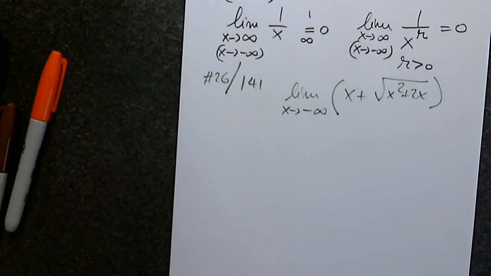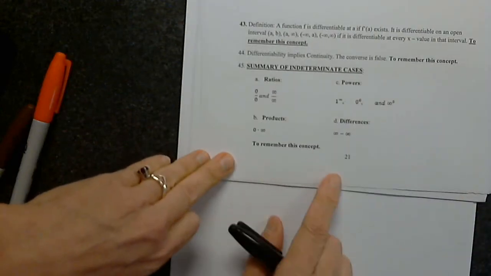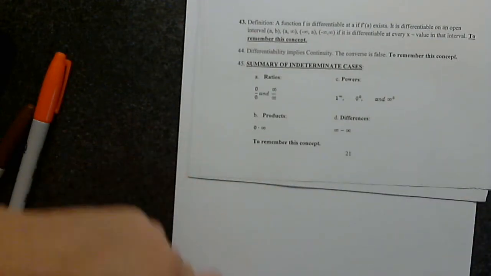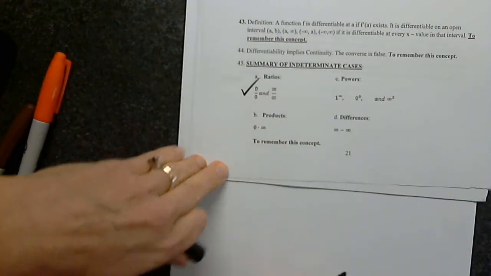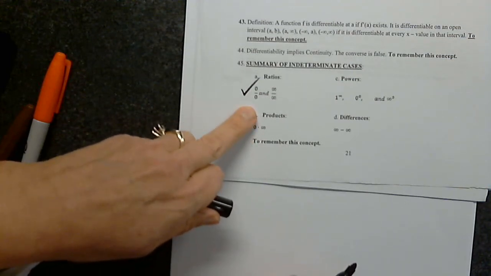Only 0 over 0. We did not see anything else yet. So at the very end of the checklist, on the last page, page 21, let's put a check mark next to 0 over 0, because we've seen this before.